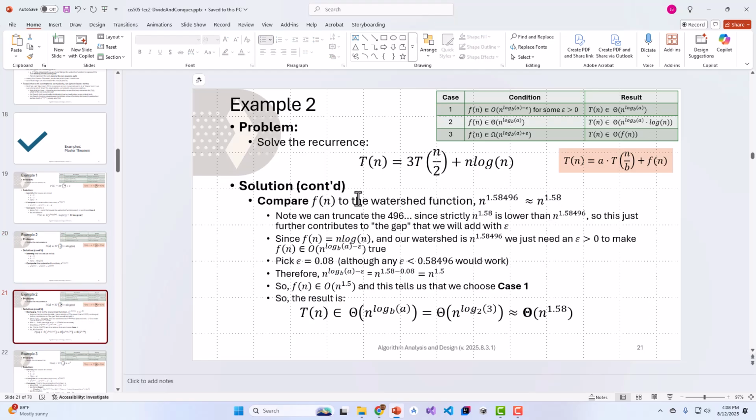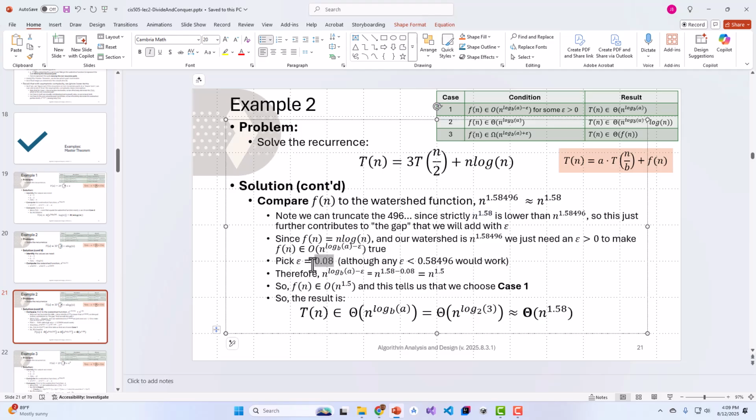Next, we compare f of n to the watershed function. Let's say that the watershed function is approximately n to the 1.58, just to make our lives easier, and that's totally okay to do. We can truncate the 496, since strictly speaking, n to the 1.58 is lower than n to the 1.58496. This further contributes to the gap that will be there when we add the epsilon. Our watershed is n to the 1.58496, and our f of n is n log n.